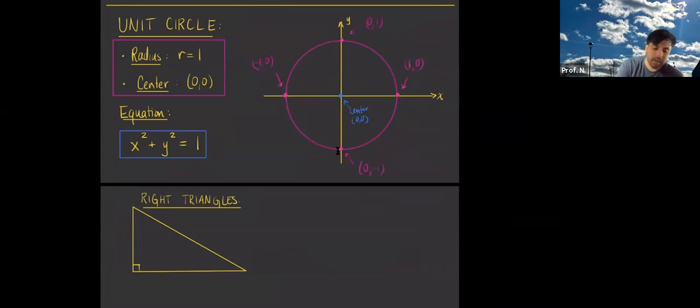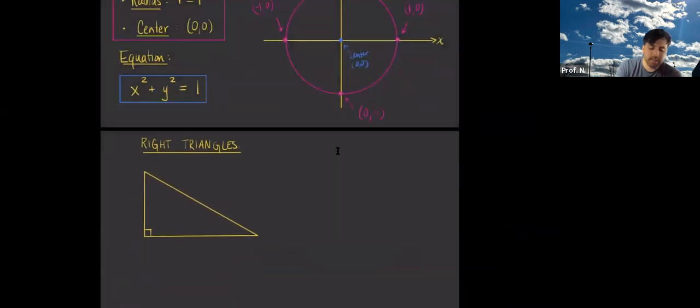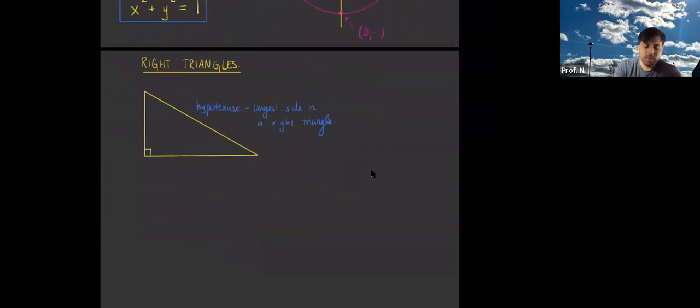And it has the longest side, which is the hypotenuse. So this here would be the hypotenuse, the longest side in a right triangle. And at the same time, we're going to be discussing what are called the 6 trig ratios.